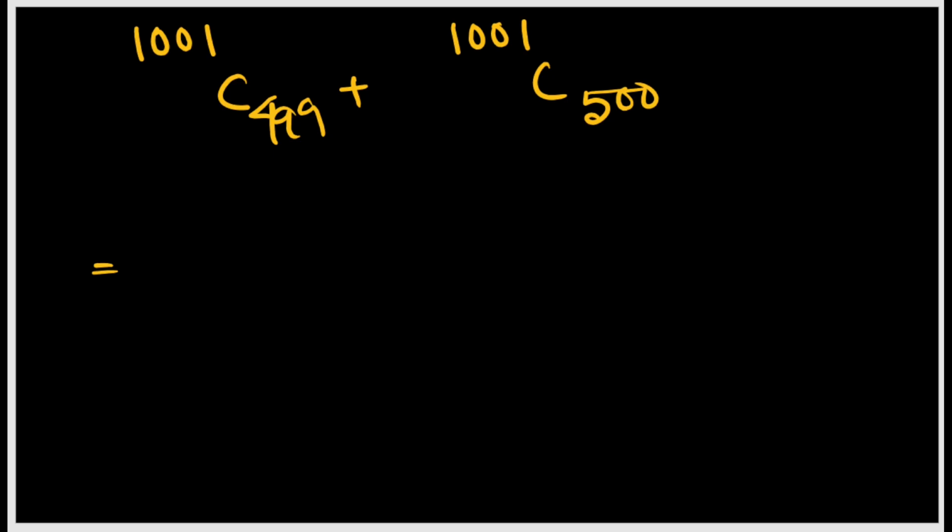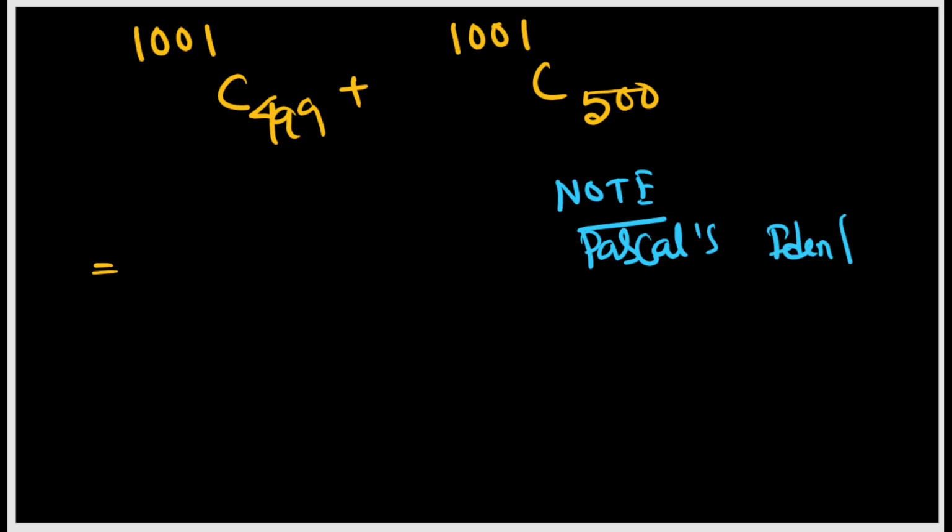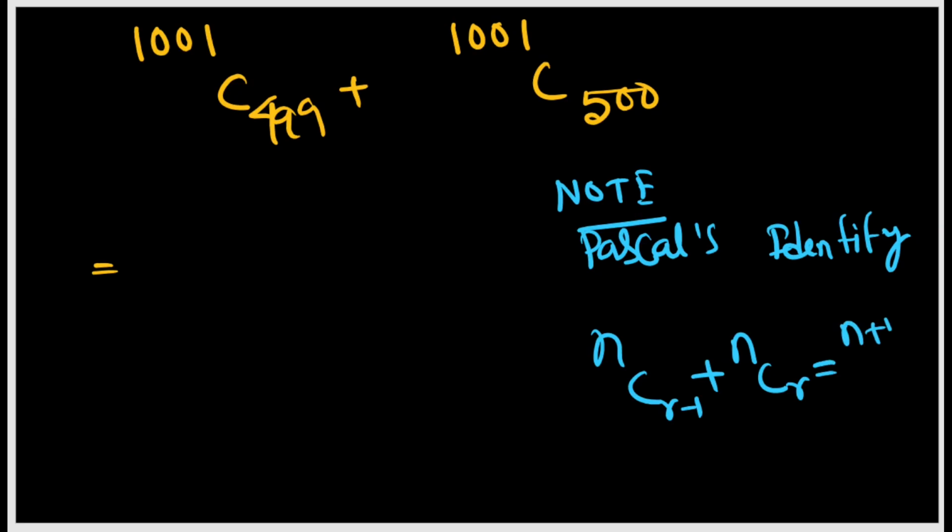The Pascal identity is: nCr minus 1 plus nCr is equal to n plus 1 Cr.